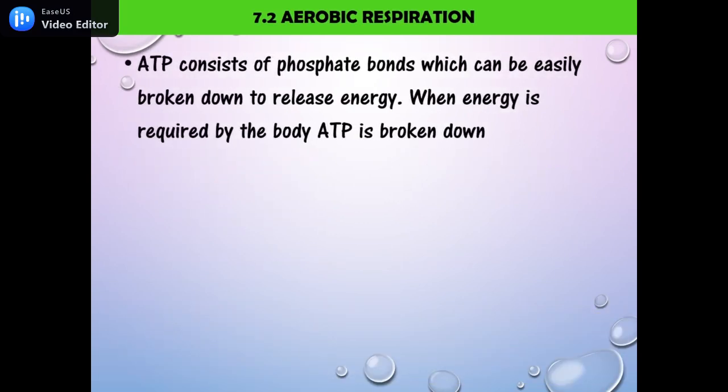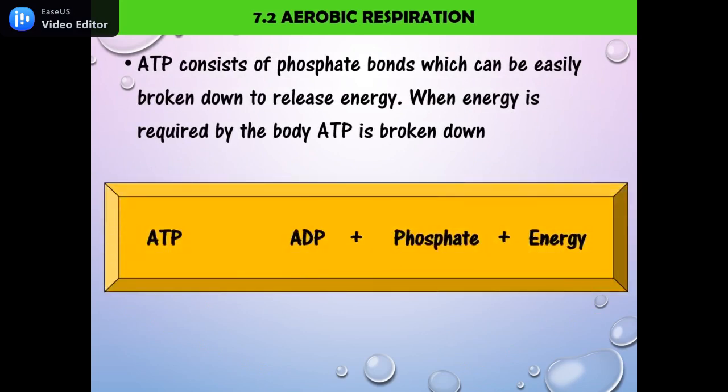ATP consists of phosphate bonds which can be easily broken down to release energy. When energy is required by the body, ATP is broken down to ADP, and energy is released.